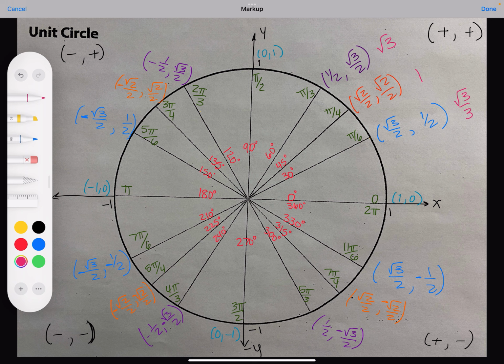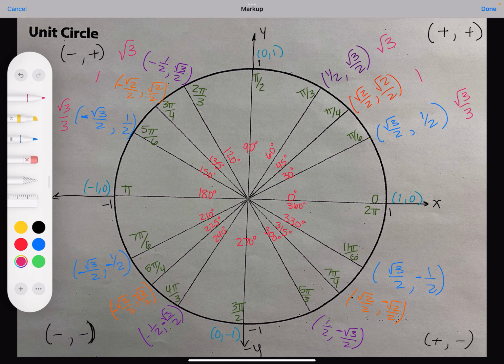All right, so again, you take the values and flip them over. So my pi over 3 still gets the root 3. The pi over 4s are all 1. Pi over 6s are all root 3 over 3. I'm going to copy all the numbers down, and then we'll talk about the signs that go on them.